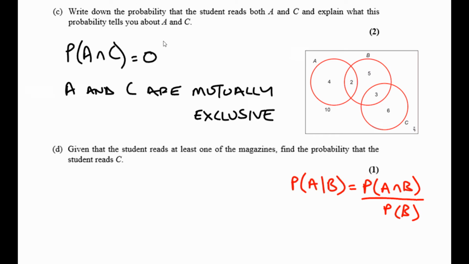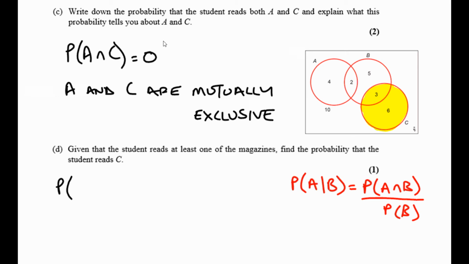Reading at least one of the magazines is basically everything inside any of the circles. And reading magazine C is just this section here.